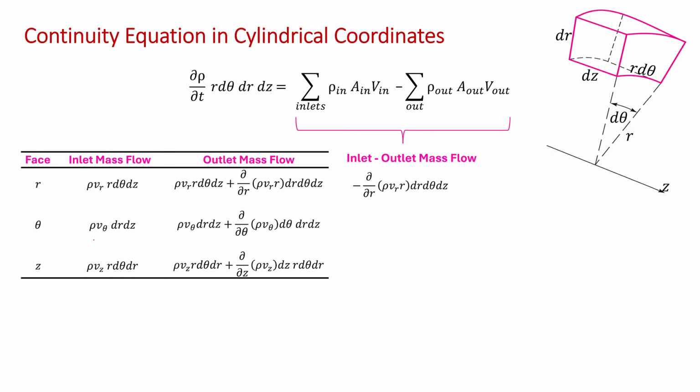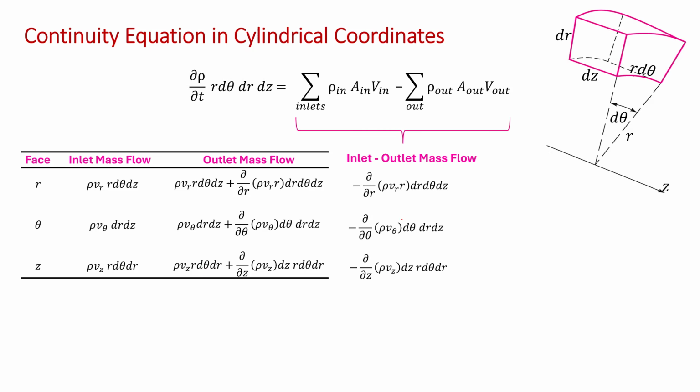Similarly, in the theta direction, when we take the inlet mass flow rate minus the outlet mass flow rate, this term cancels with this term, and we get this result. And finally, in the z direction, if we take the rate of mass in minus the rate of mass out, this term cancels with this term, and we end up with this result.